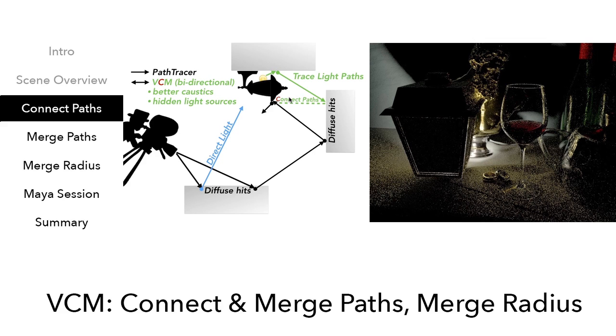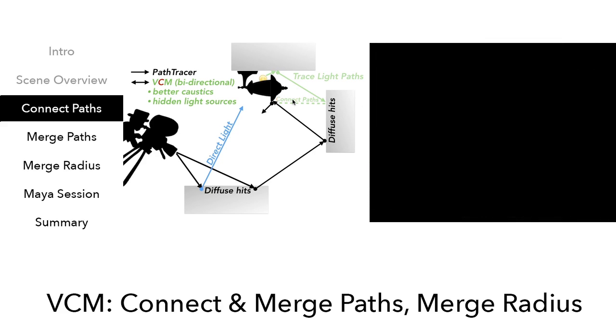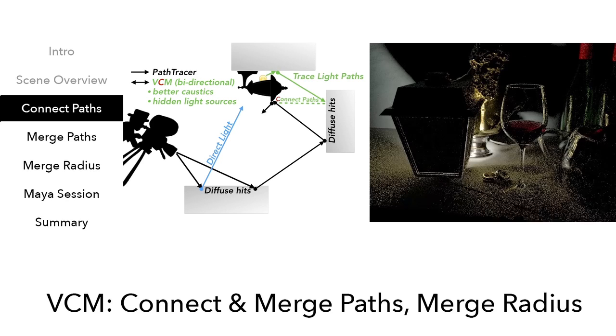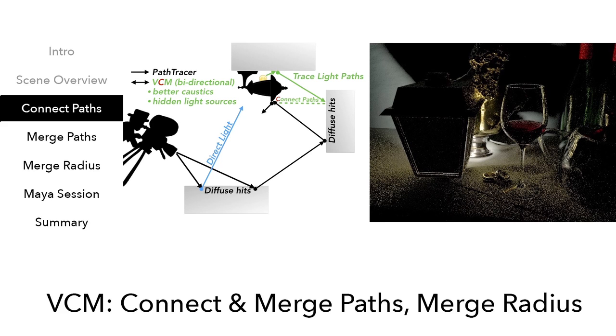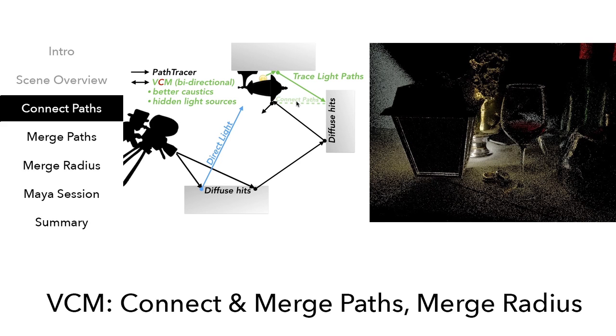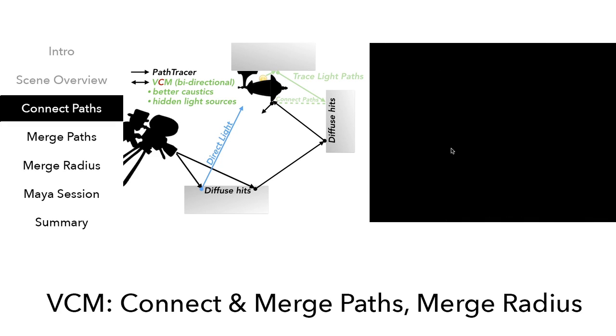Now you might be asking, what happens if you actually turn connect paths and trace light paths off? So now look at this, it's completely black. And this is kind of a cool explanation of it. So again, we're going to go connect paths off, on, so less noisy. But if you turn connect paths and trace light paths off, it goes completely black.